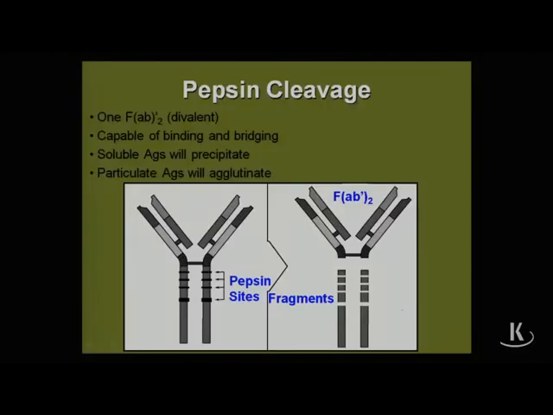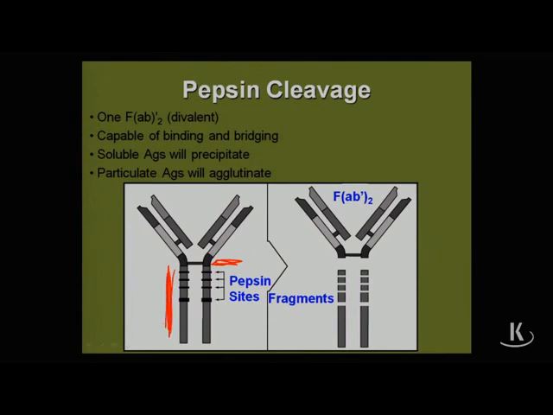Now, that may be tough to remember, but I have a good way for you to remember pepsin cleavage. You can work backwards. You can remember pepsin and then think papain does the other thing. For pepsin cleavage, it's going to be a little bit different. Pepsin cleaves below this disulfide bond right here and is really just going to degrade this constant region.